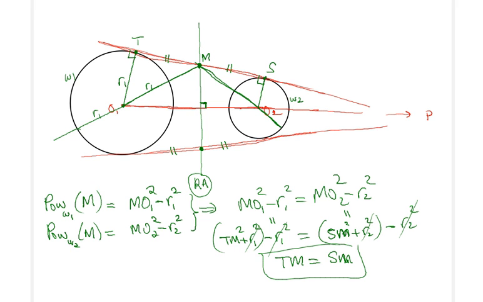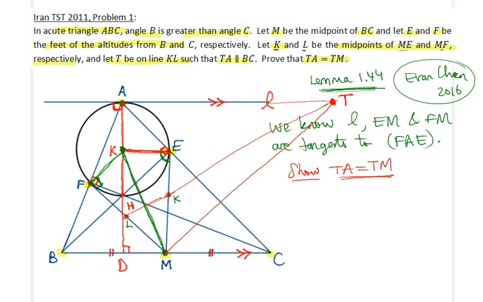Now going back to the original construction. Now notice that the midpoints L and K, so we are given these points, when we extend the line they meet the point T, and consider the two circles.